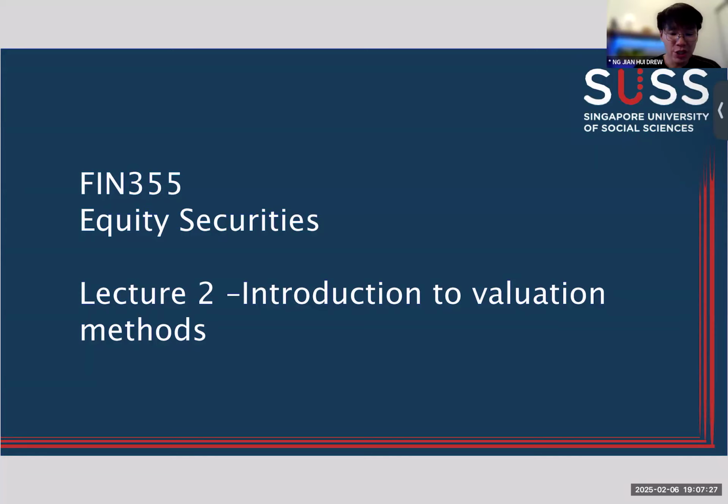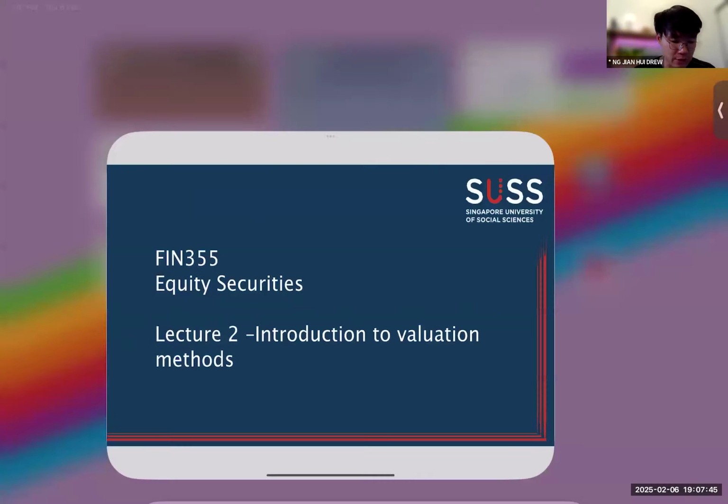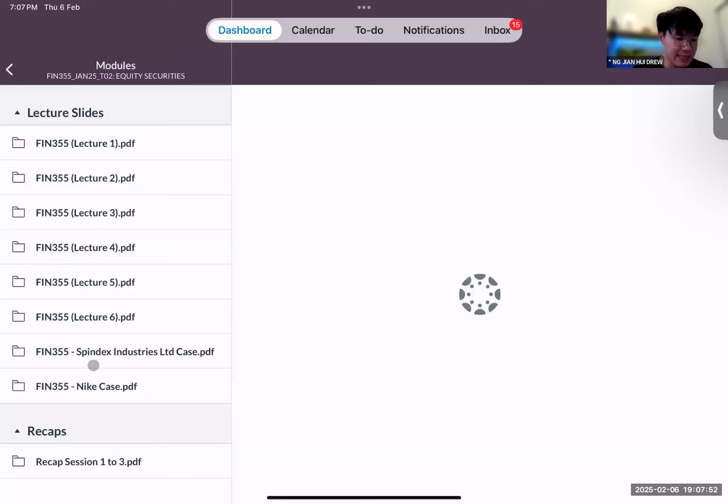After last lecture, some of you did ask what the standard is in terms of writing the qualitative aspect of a valuation. So I really encourage you to jump onto Canvas. Let me pull up Canvas very quickly, just to show you that there are two cases here, the Nike case and the Spindex case.